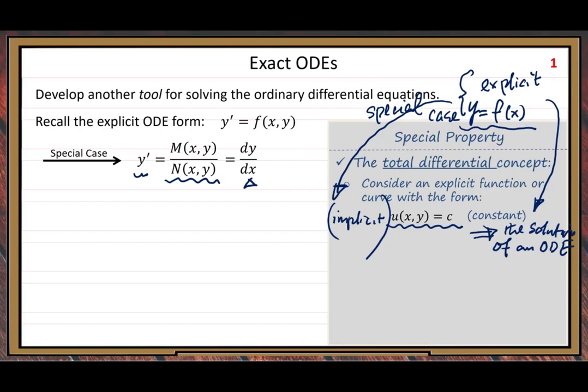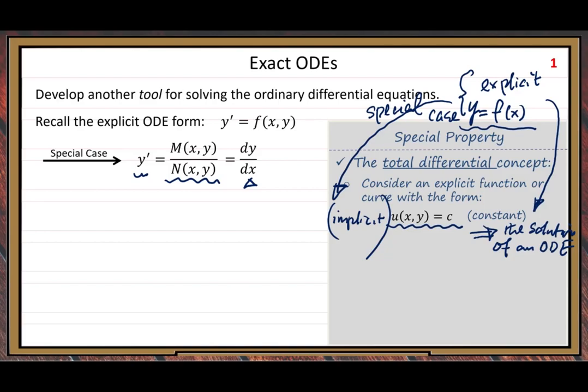Explicit function, y equals a function. But that is too limited, right? That form is very limited. Now, we want to enlarge the possibility, because many times it is impossible to use an explicit function as the solution of an ODE. Many times it's impossible.